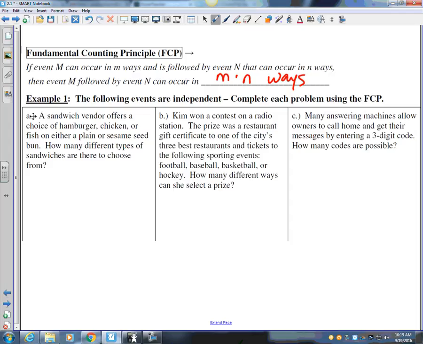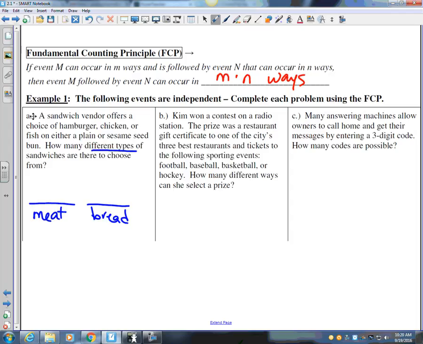Okay, here's a problem. A sandwich vendor offers a choice of hamburger, chicken, or fish on plain or sesame seed bun. How many different types of sandwiches are there to choose from? So, you get to choose your meat. What else do you get to choose? Your bread. Yes. Okay. How many choices of meat do you have? 3.